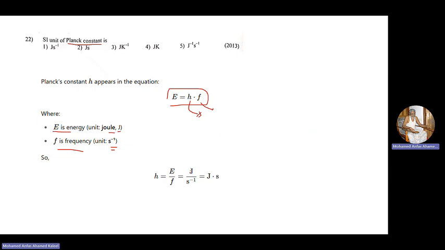So h is equal to joules over second minus 1. The SI unit of h is joule second. The answer is option number 2.